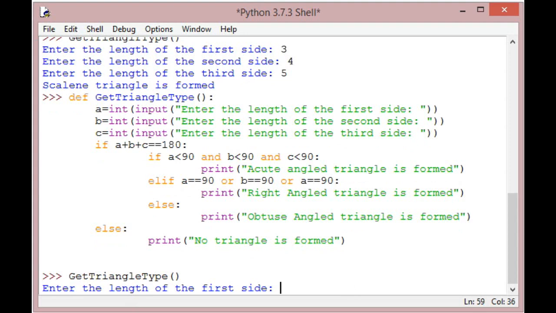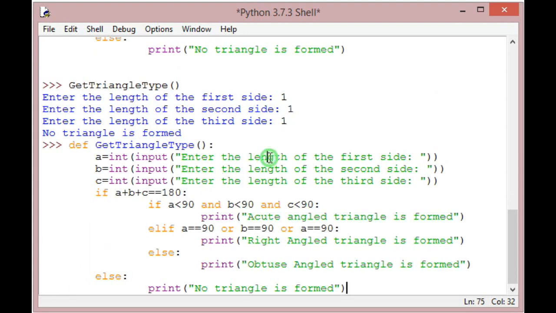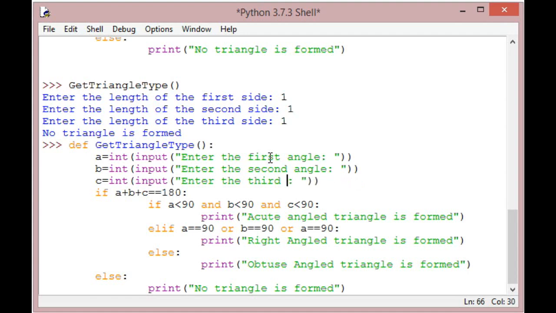Sorry, I need to make one more correction, but although I am running it, the correction what we actually expected, this should be: enter the first angle, enter the second angle, enter the third angle.